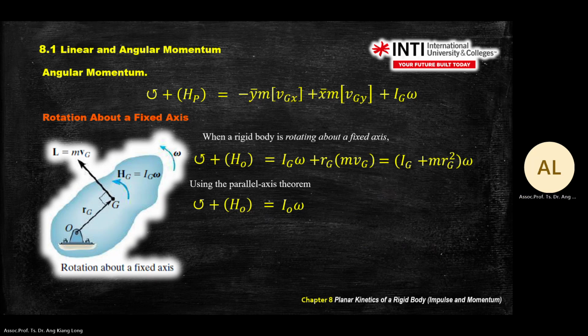It's still the same, but parallel axis theorem asks you to use HO equals IO omega, which means you're referring to a pin or a fixed point. Again, you will need to use this one in your test 2 last question, H equals I omega.